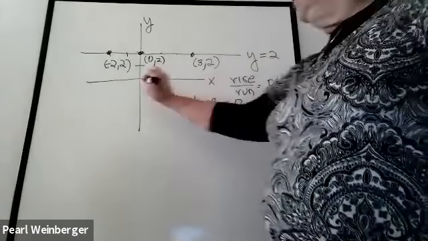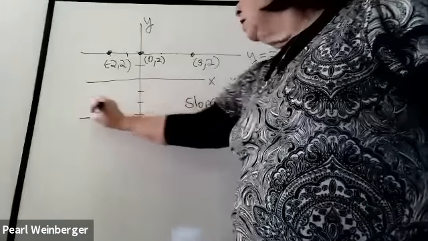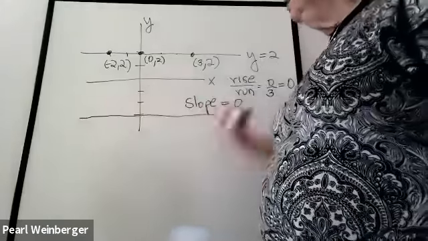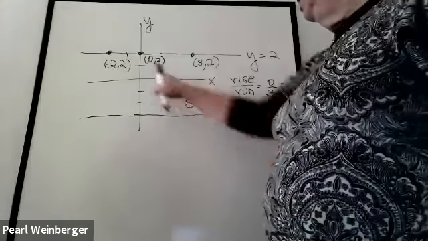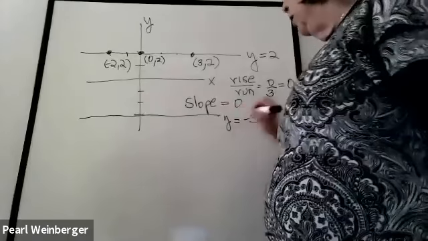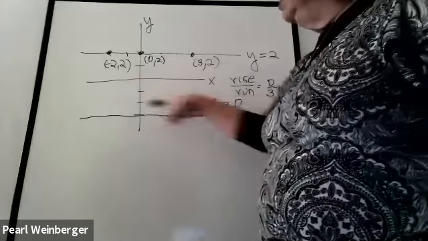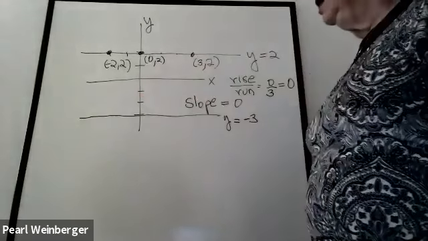If I were to draw this line, 1, 2, 3, this horizontal line, and I asked you what is the equation of that line, well, here it would be y equals negative 3, because the y value on all of these points is negative 3.